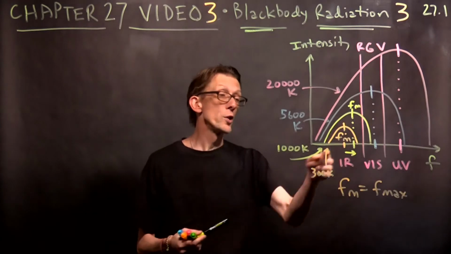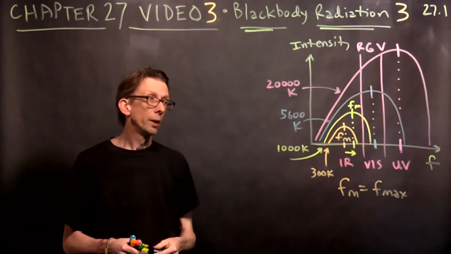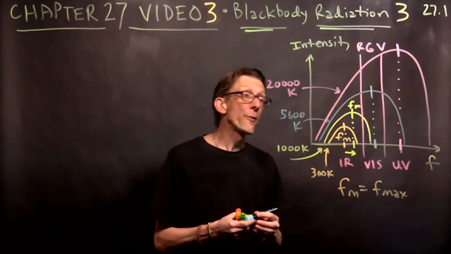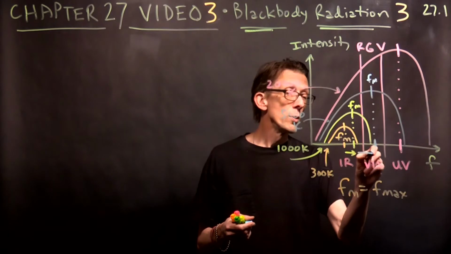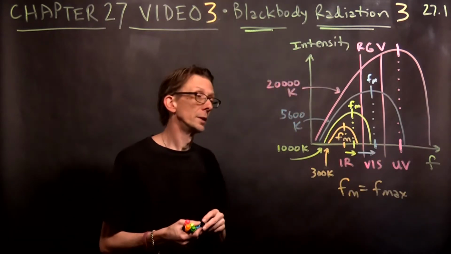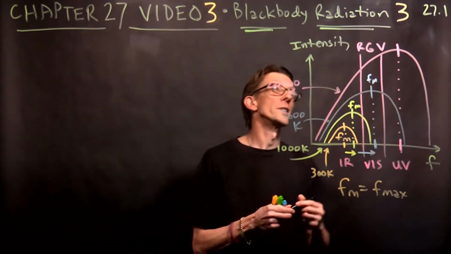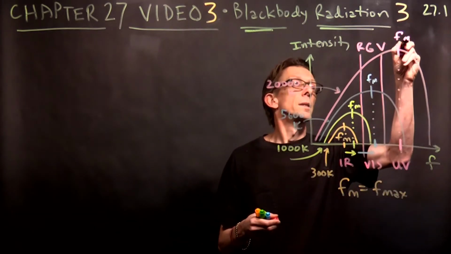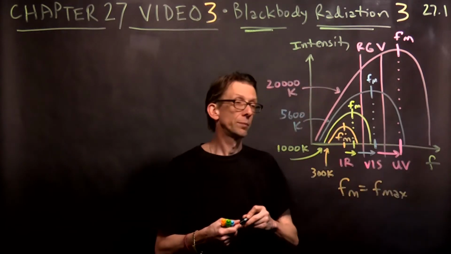It shifted from the orange mark on the x-axis to the yellow one. Then we turned it up further, and f max again shifted to the right. And finally, we cranked it all the way up to 20,000 kelvins. Our f max is now way up here, and it shifted again.